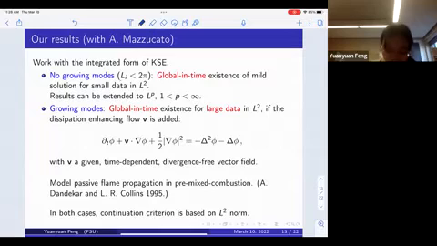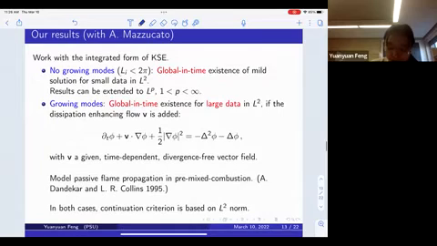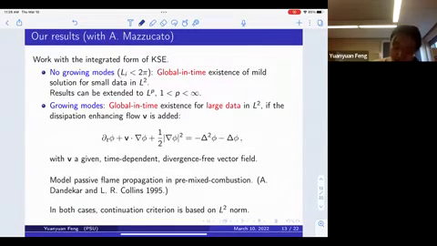If there are growing modes, we prove that the global in time existence can be achieved for large data in L2 if the dissipation enhancing flow v is added. So in this case, we actually look at the so-called advective Kuramoto-Sivashinsky equation. I'll call this AKSE.